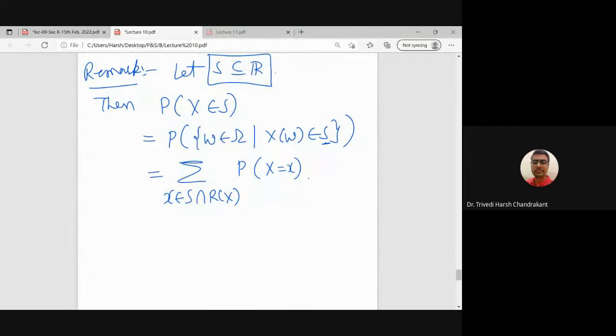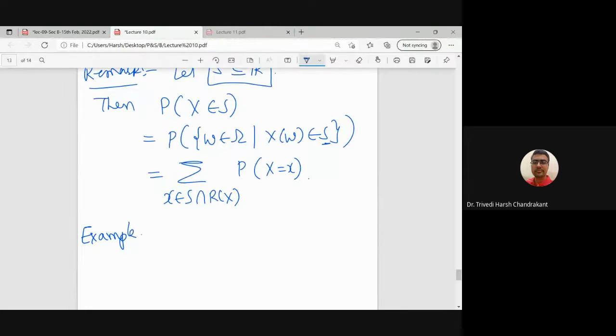So this will be clear in a minute if we take any example. So let us take one example.